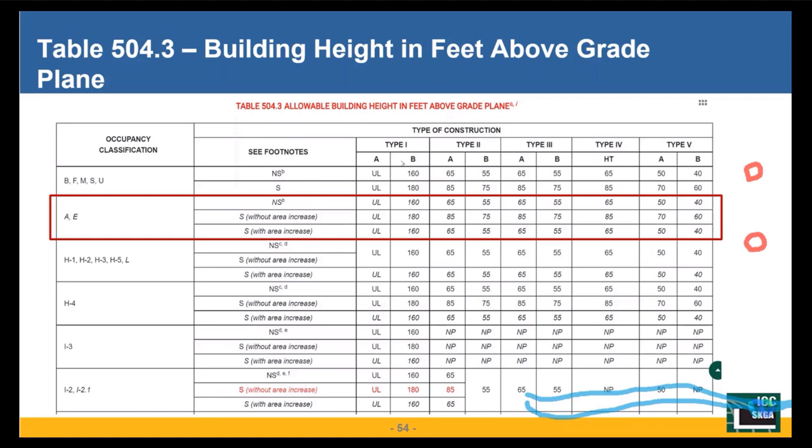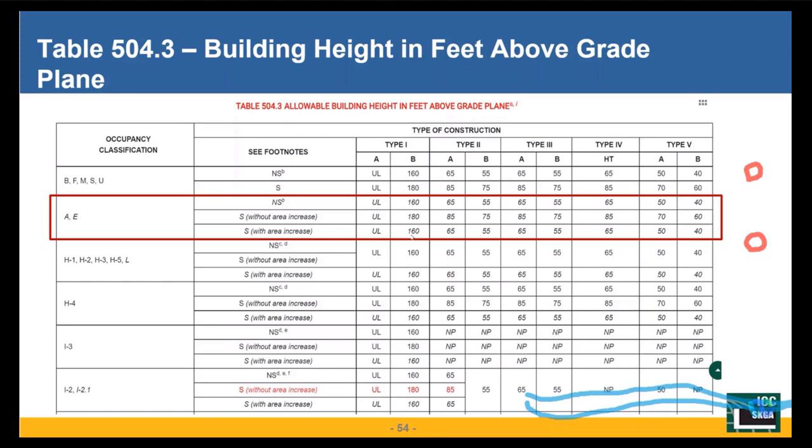So again, type 1B, non-sprinklered, you can go up to 160 with the restrictions that the code imposes on type 1B throughout. If you are not taking advantage of the sprinkler system to increase your area, you use your second line, which is S without area increase, you can go up to 180 feet. And if you use the area increase already, you cannot take advantage of it to increase the height of the building. So you revert back to the 160.